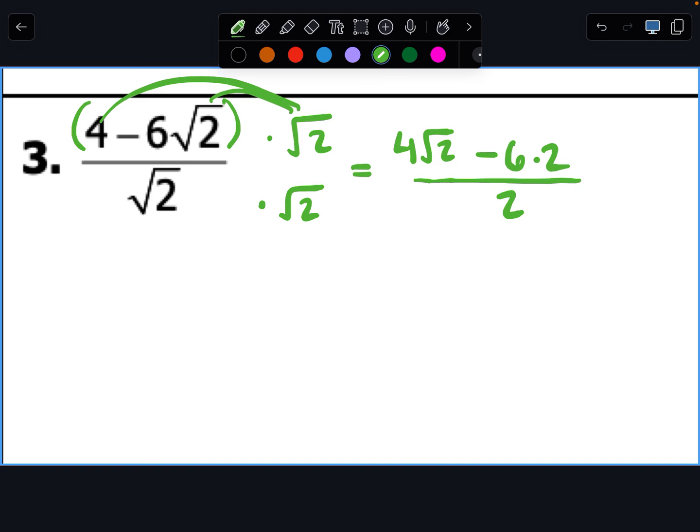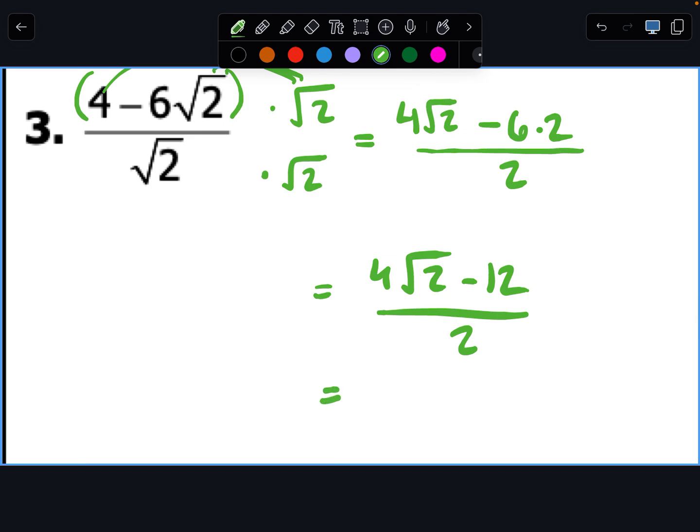Now simplify on top. I have 4 root 2 minus 12 over 2. I have one more step here. Why? Because 4, 12, and 2 are all divisible by 2. So I have 2 root 2 minus 6 is my final answer.